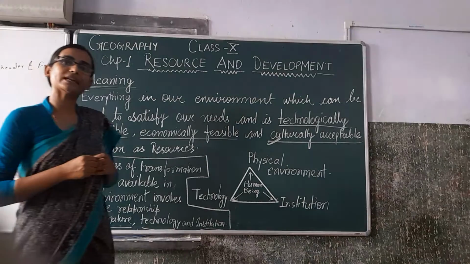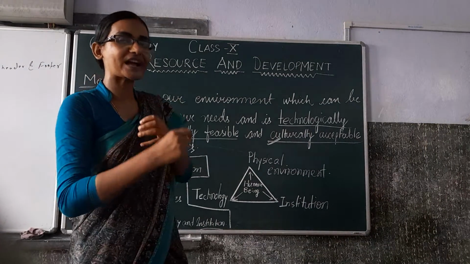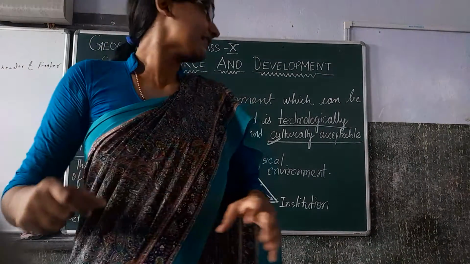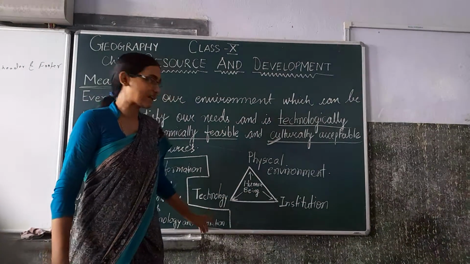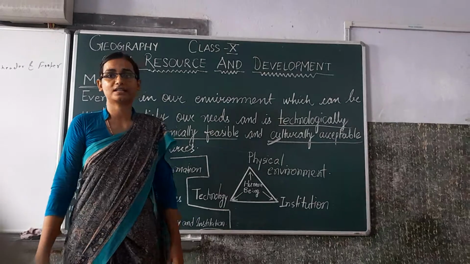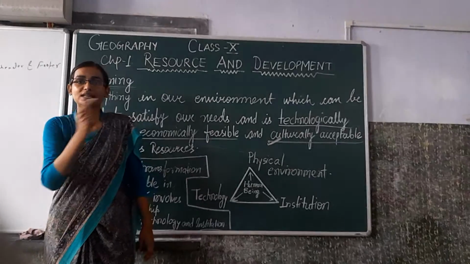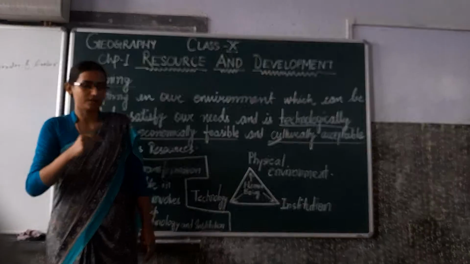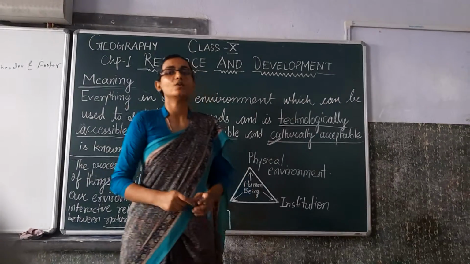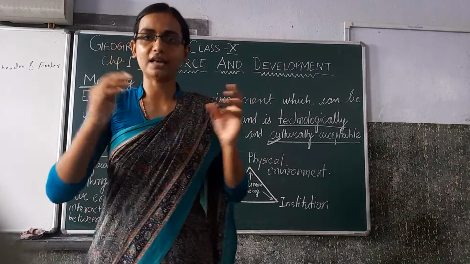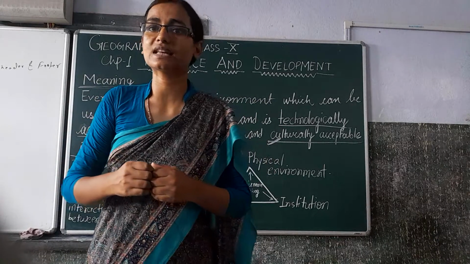For example, if we are extracting coal, we are interacting with nature. Second, we should have the technology to extract coal. And third, there should be an institution. In most cases, it is a government organization which takes care of the extraction of resources.